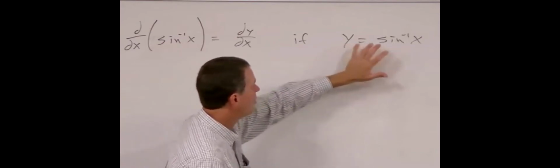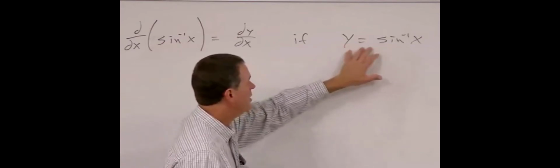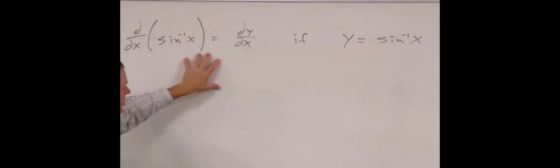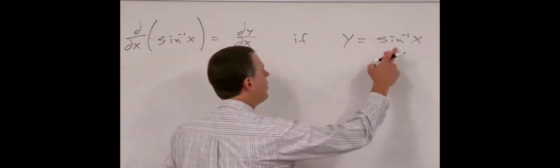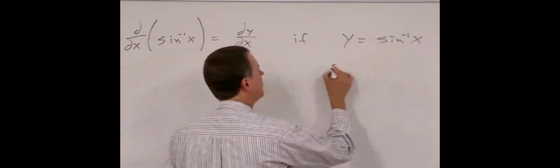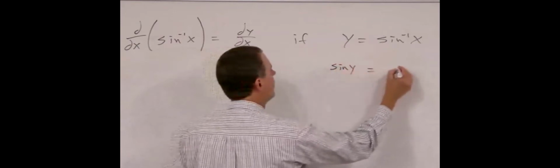I could just take the derivative of both sides of this equation, but I'm right where I started. So what I'm going to do is rewrite this equation as sine of y equals x.